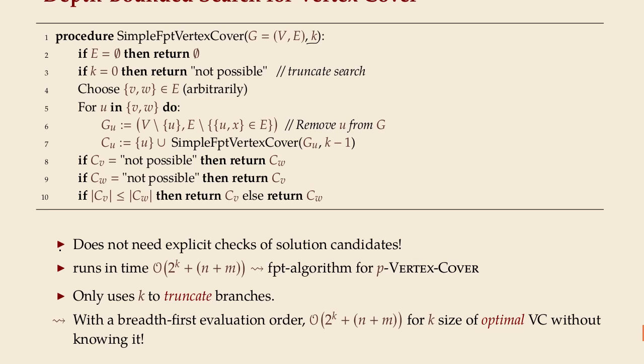That's a bit different from the brute force method for SAT that we discussed, where you just in the first step guess an assignment and then you check whether it fulfills the formula. If you do that in such a recursive fashion, at least for the vertex cover problem, you don't even have to do this check at one specific point, but just by reducing the graph appropriately, you make sure that it's a solution.